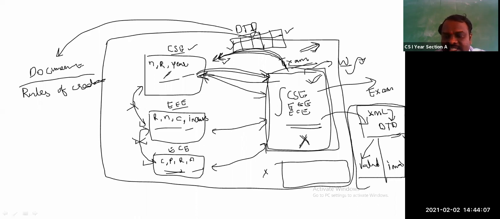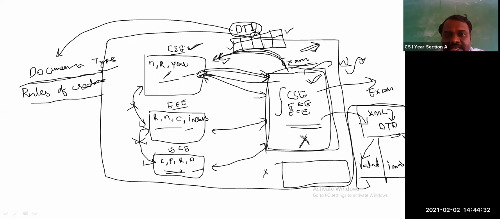Okay. So what is DTD? DTD is document type definition, which gives rules for how your XML document should be prepared.